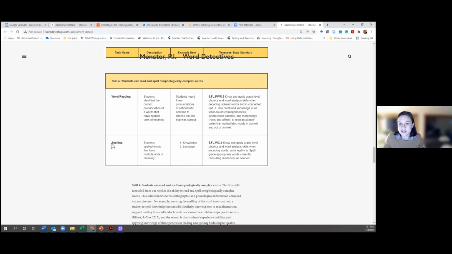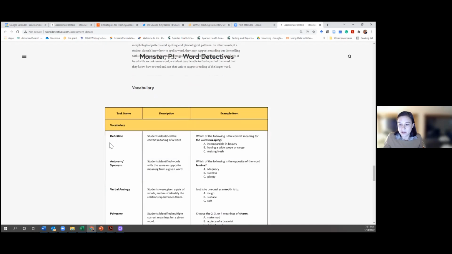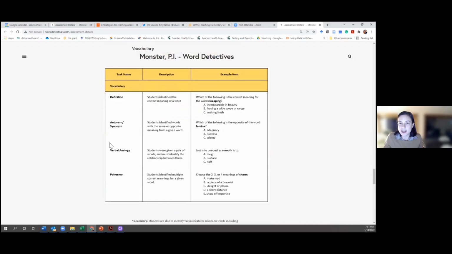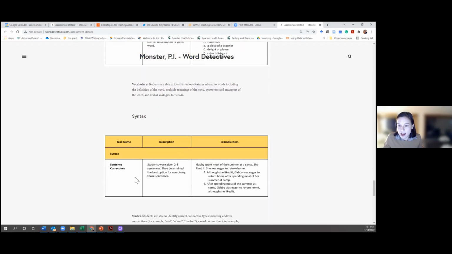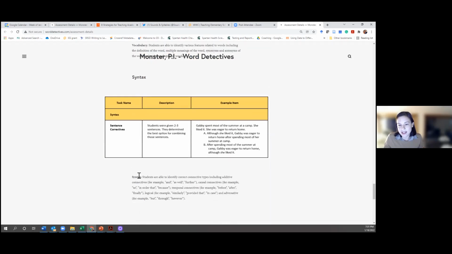So yeah, as you can see, there's quite a few different ways that they're measuring morphology. The vocabulary is measured on those different aspects that I already described. And then the syntax task is using connectives.